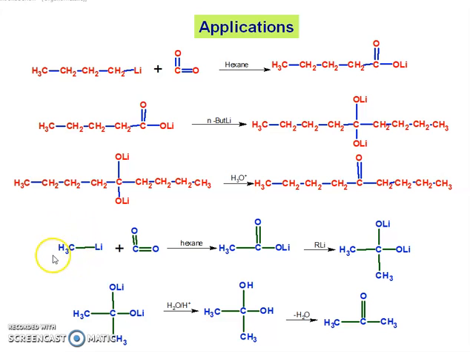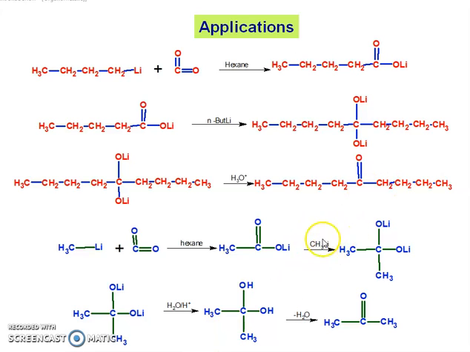This methyl group acts as a nucleophile and attacks the carbonyl carbon, and forms this type of intermediate. This intermediate is treated with another molecule of alkyl lithium, like methyl lithium.